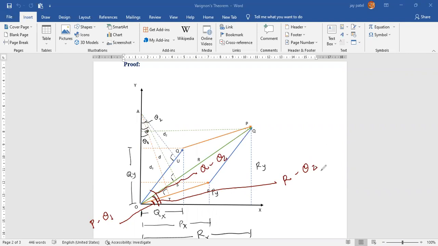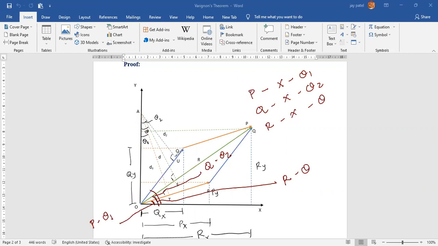Sorry, I am repeating again: this angle is for the R force, and that is theta. Angle of the P force with the x-axis is theta 1. Angle of the Q force with the x-axis is theta 2. Angle of the R force with the x-axis is theta. I hope it is clear to all of you.